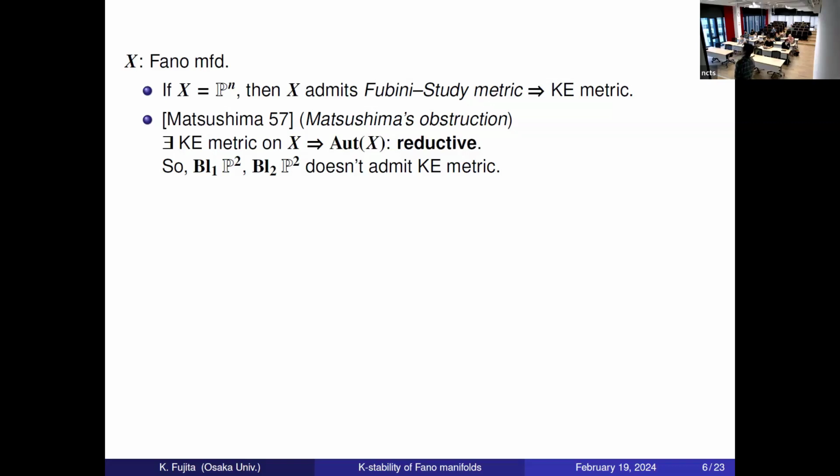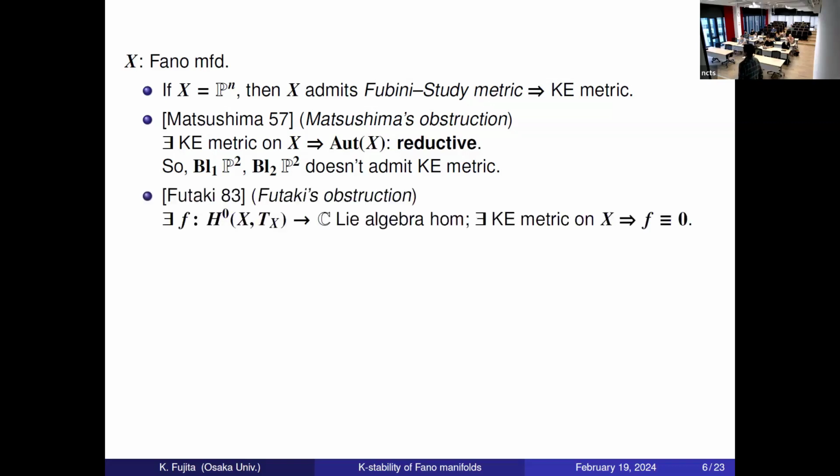And the second obstruction, found by Futaki, I do not explain seriously, but for every Fano manifold X, there is a Lie algebra homomorphism F from the space of holomorphic vector fields to C, defined only from the information of X, such that the existence of a Kähler-Einstein metric implies that this F is identically equal to 0.